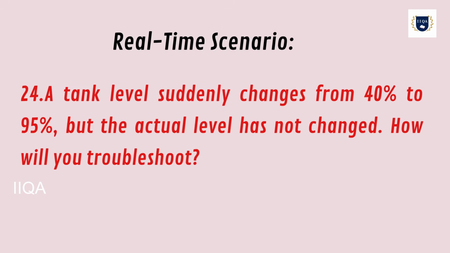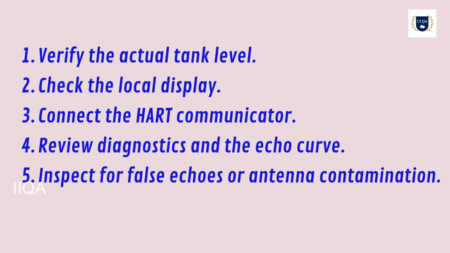Real-time scenario: a tank level suddenly changes from 40% to 95%, but the actual level has not changed. How will you troubleshoot? 1. Verify the actual tank level. 2. Check the local display. 3. Connect the HART communicator. 4. Review diagnostics and the echo curve. 5.